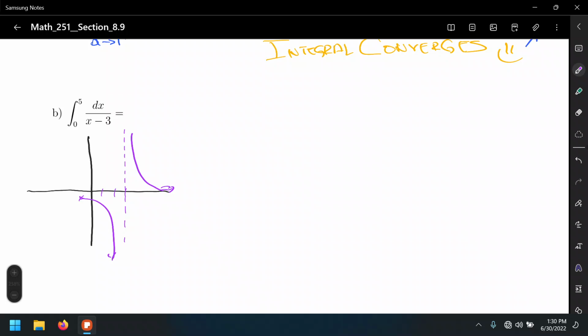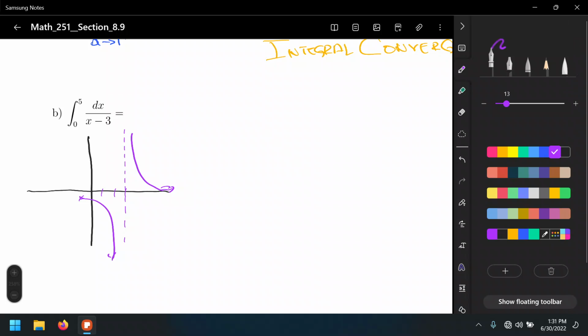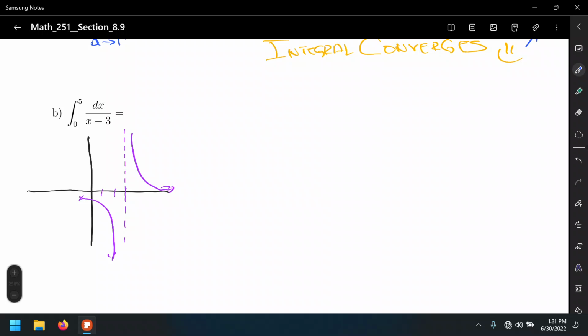And we're integrating between 0 and 5, so the discontinuity will be contained within the limits. So that's why we need to split this integral into 2 separate integrals. This is not the case in which one of the limits was a discontinuity. In this case, the discontinuity is in between.